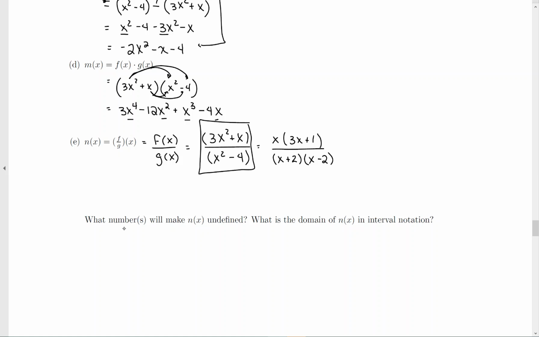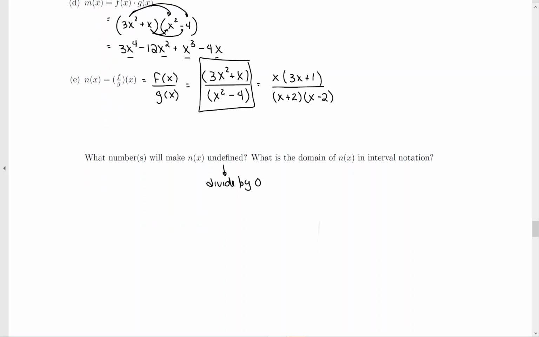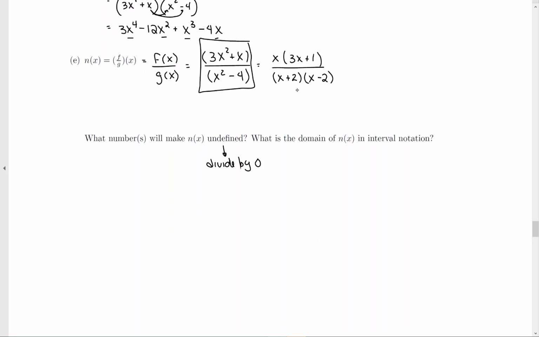The last part here, what number or numbers will make n of x undefined? Undefined means you're dividing by 0. And then determine what the domain is in interval notation. So I look at the denominator, x plus 2, x minus 2, and if that's equal to 0, then it's going to be an undefined fraction.